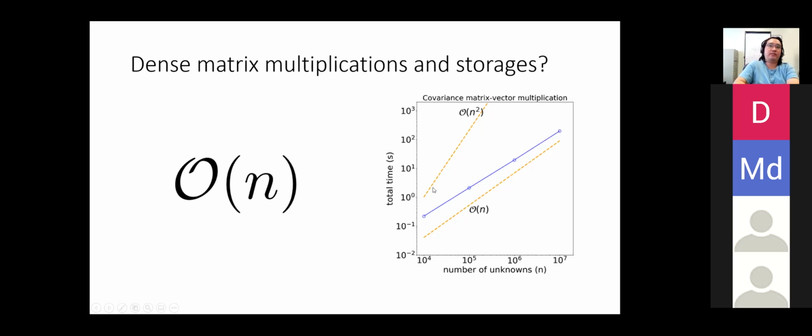But if it has quadratic scalability, then once it follows the quadratic line, 10 to the 5 will become like 100 seconds, 10 to the 6 degrees of freedom can be more than 1 hour, and a billion-element matrix can become a computation of some million seconds or something like that.